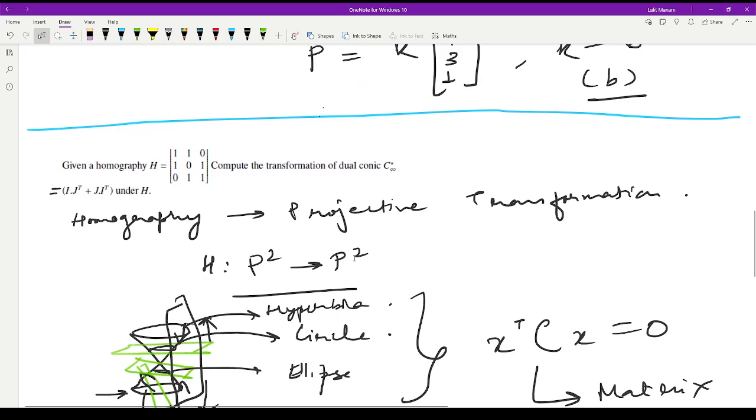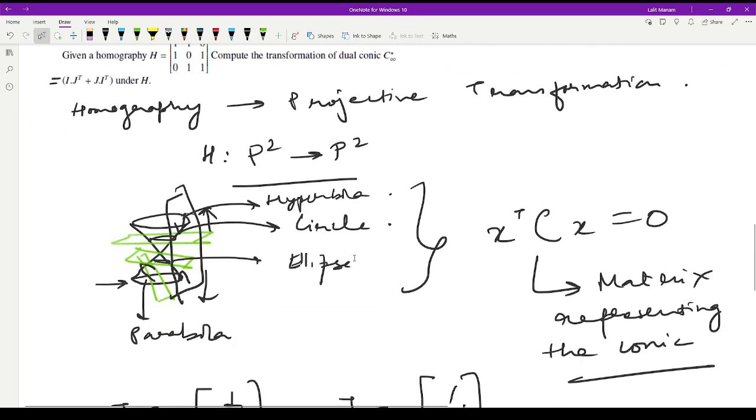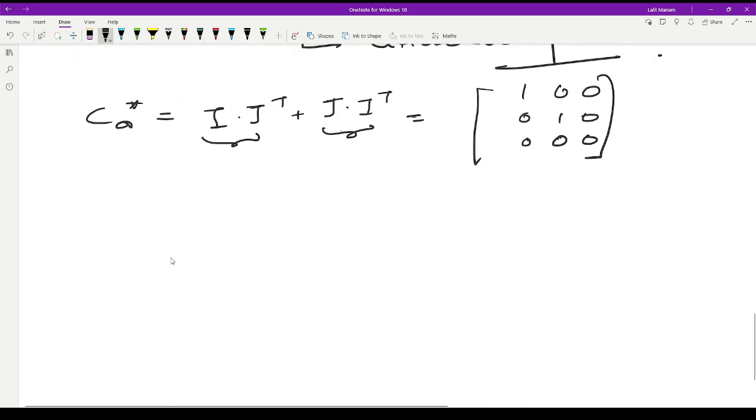So now we need to compute the transformation under the homography. We have the matrix. How do we compute the transformation? What will be the transformation of an original conic instead of a dual conic? An original conic has the form x transpose Cx equals 0. So how will C look when I apply the homography on this?